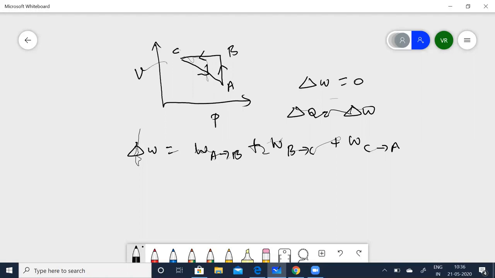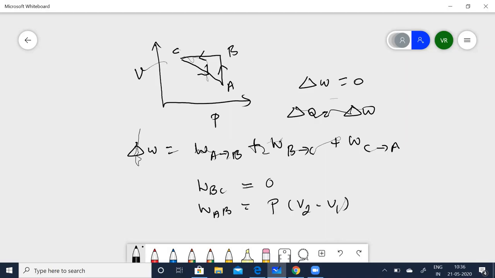Now you know work done from B to C is 0 because volume is constant there. Work done for A to B is equal to P times V2 minus V1, because there it is changing.